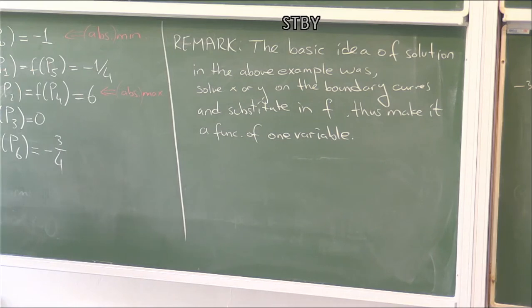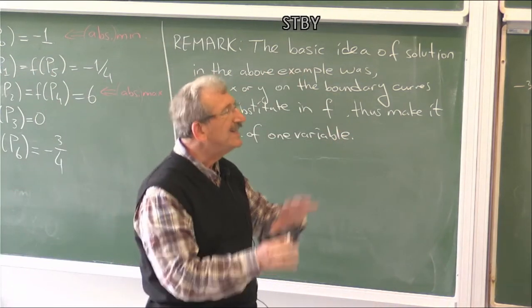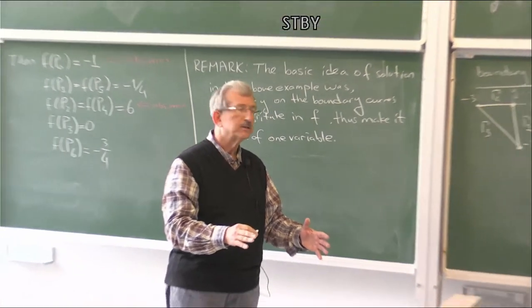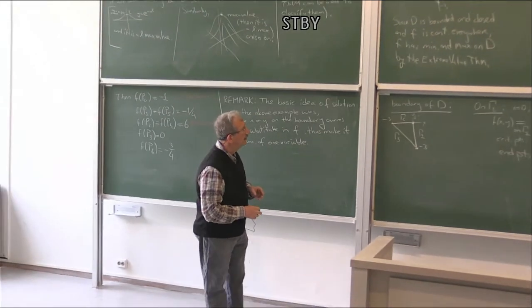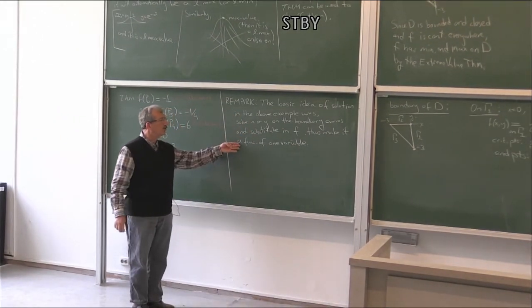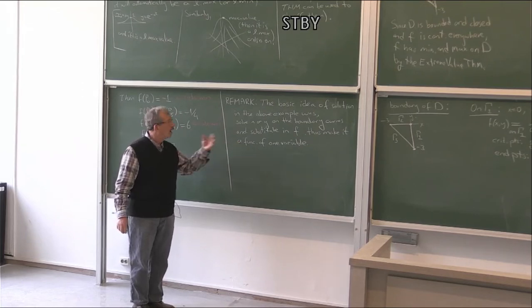So if we can substitute the equation on the boundary inside the function without losing information, as we did here, then we can continue the process because we know everything about one variable functions.